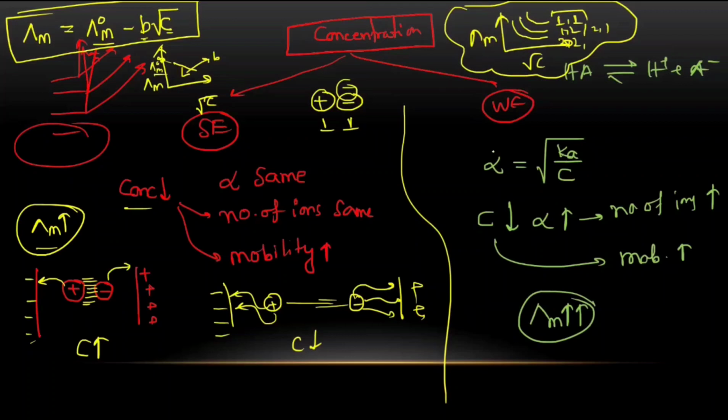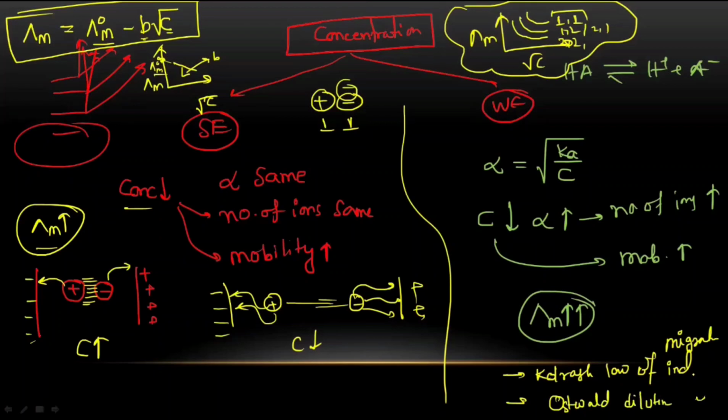Now, to explain the behavior of weak electrolytes, there are two laws which we are going to discuss in much detail. First is Kohlrausch law of independent migration. Second is Ostwald dilution law.